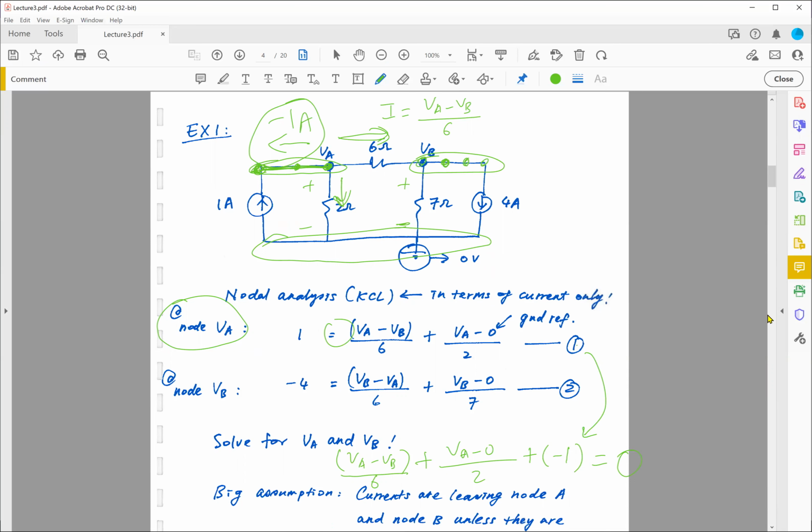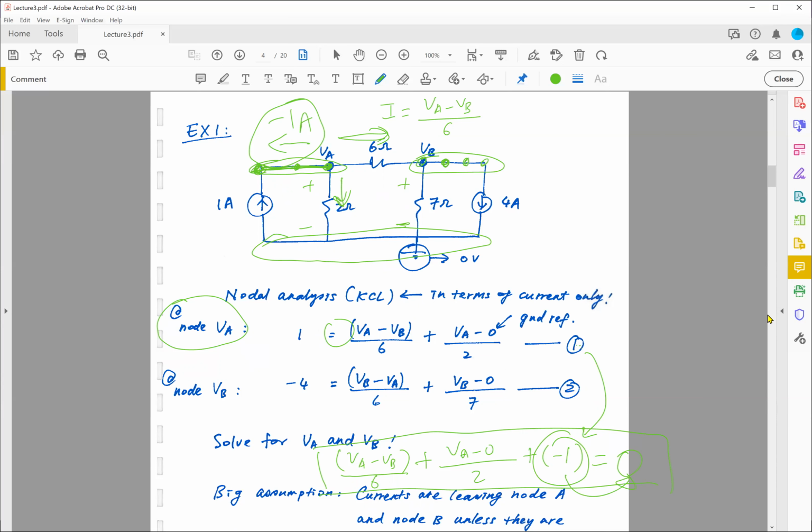Now if you compare equation number 1 and this equation, they are the same mathematically, because I can move this -1 over to the other side. And if I do that, then these two equations are exactly identical.